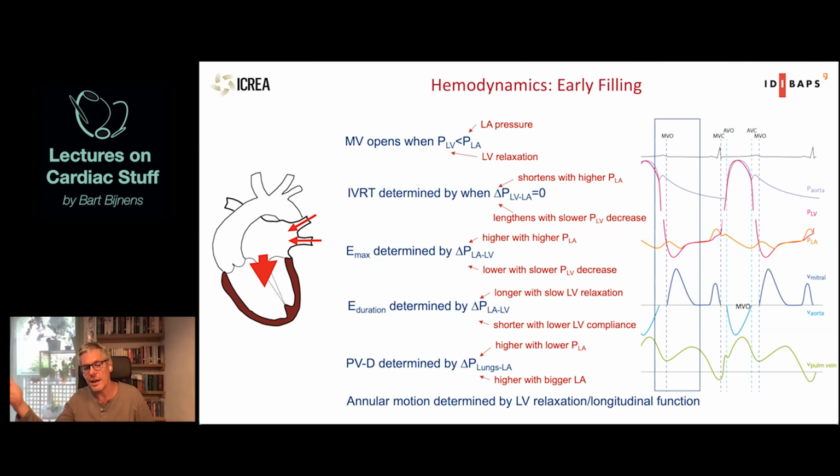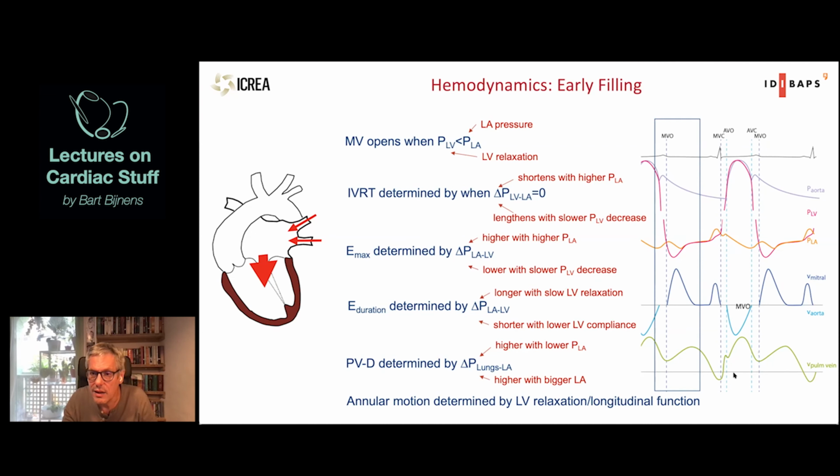So if we have pulmonary hypertension, then the gradient over the lungs will become different, and that will determine what's going on. So we can partially look at both properties of the atrium and the atrial pressure when we look at this wave, and we partially have properties of the right side of the heart also through this gradient.